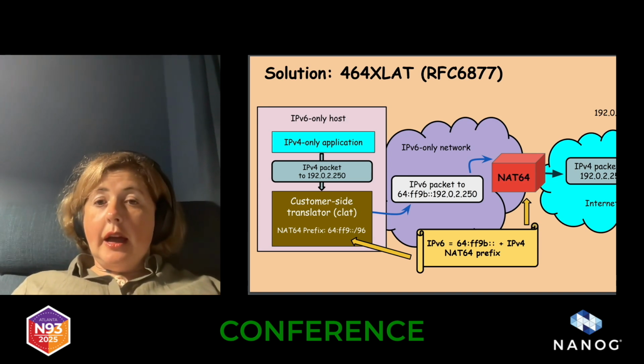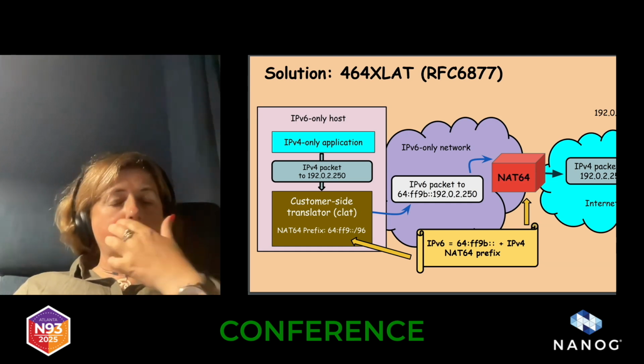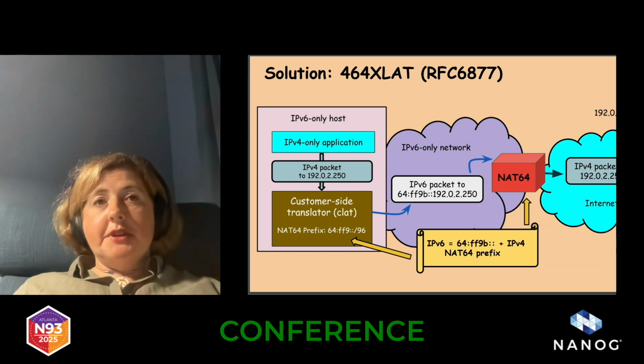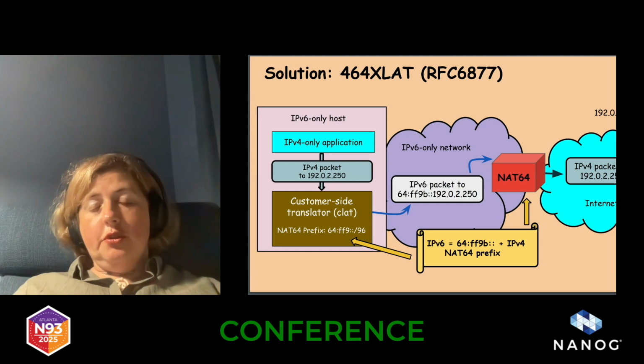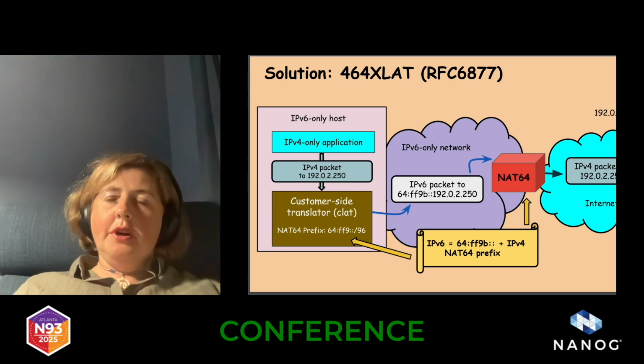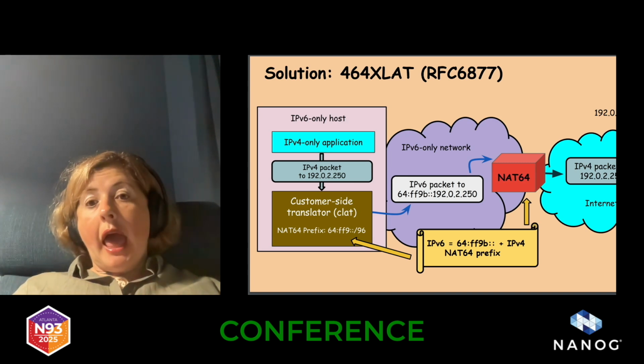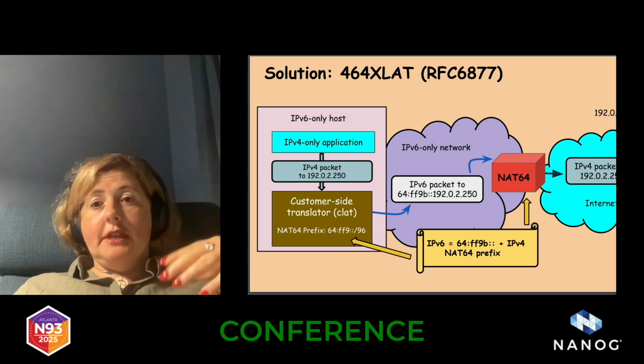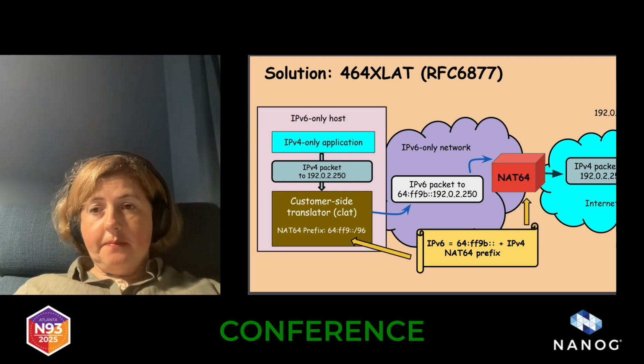That application, or part of the kernel, it depends, would basically present your applications on your host with an IPv4 address and an IPv4 default route. So all applications are tricked to believe that, I have IPv4, actually, I can use IPv4. And those IPv4 packets would be translated before being sent on the wire to the network.